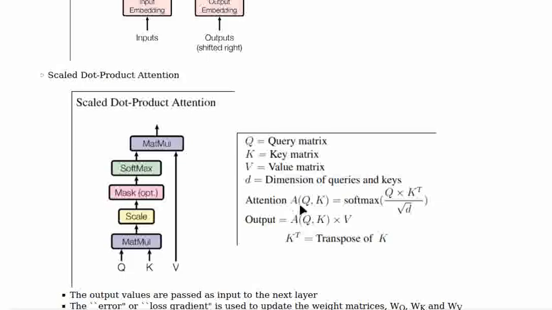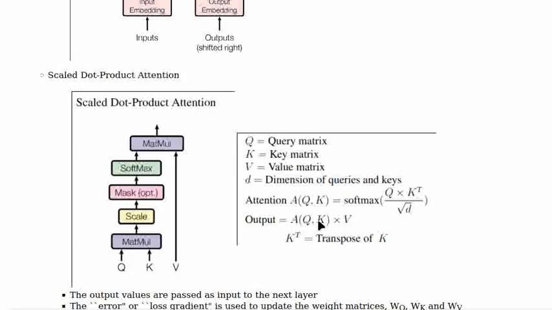Here, Q is the query matrix, K the key matrix, and V the value matrix. D is the dimension of the K matrices. Actually, in our discussion, all matrices Q, K, and V have the same dimension. To find the attention matrix A, we first calculate Q times the transpose of K and divide each of the product matrix elements by the square root of D. We then feed each resulting element to the softmax activation function to obtain the attention value.